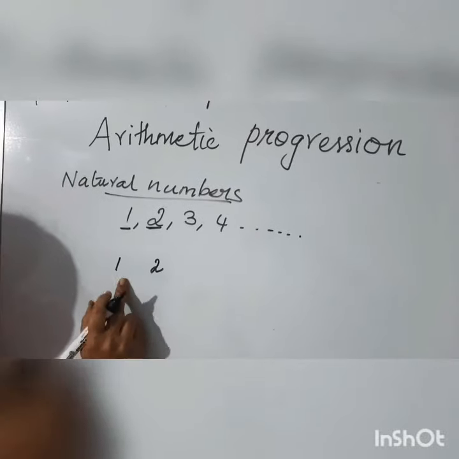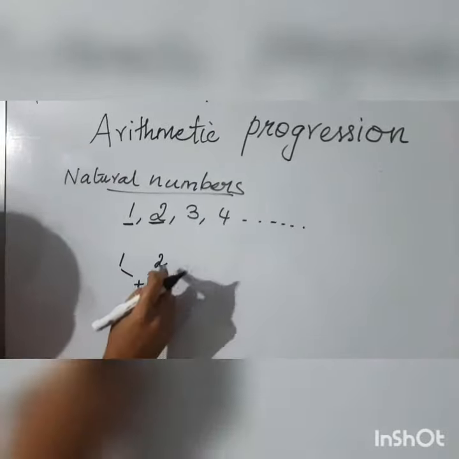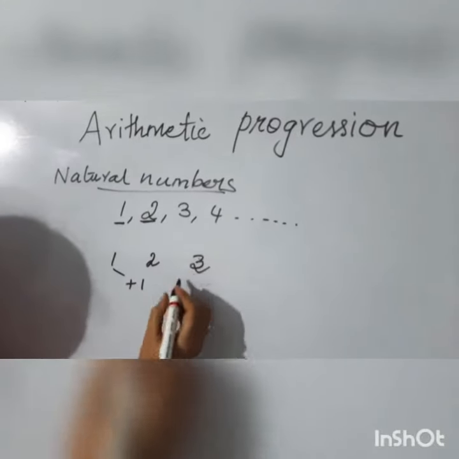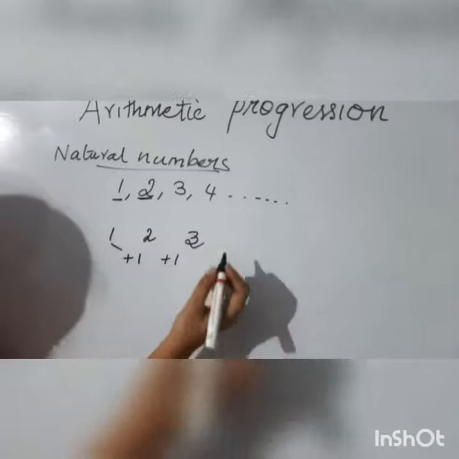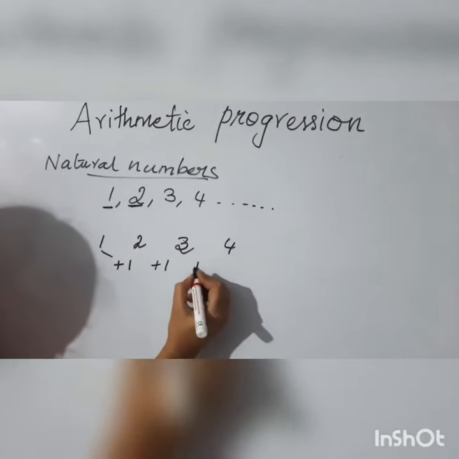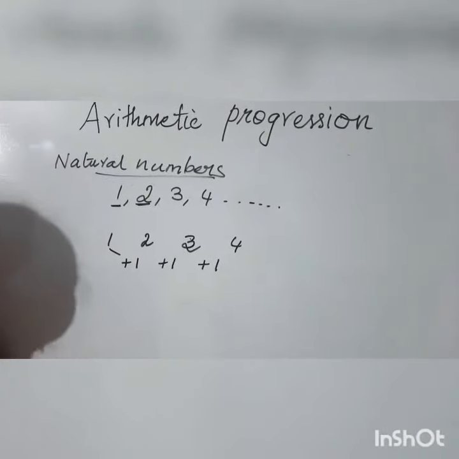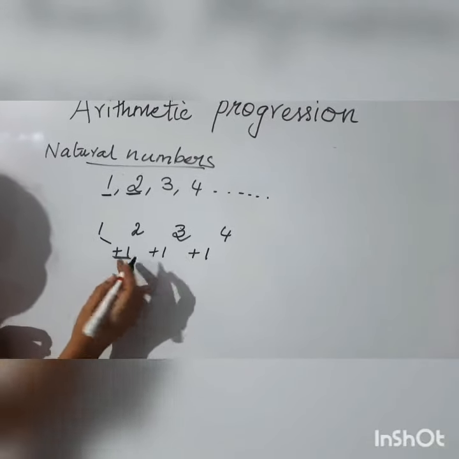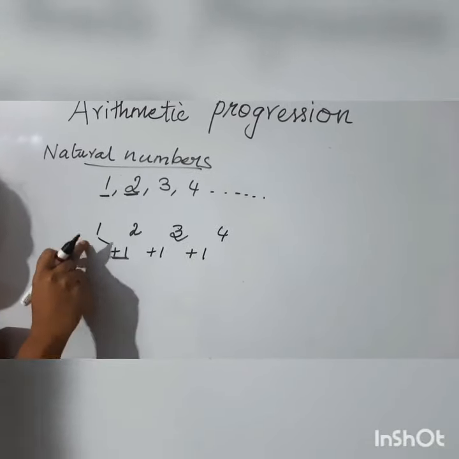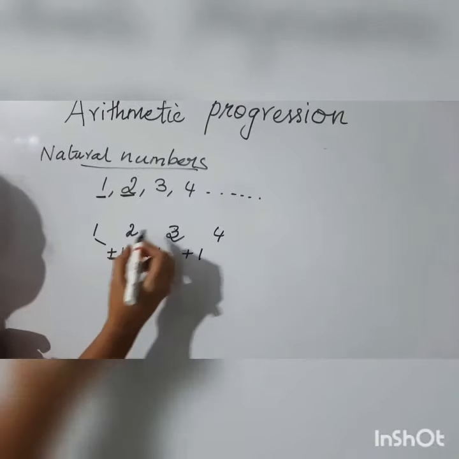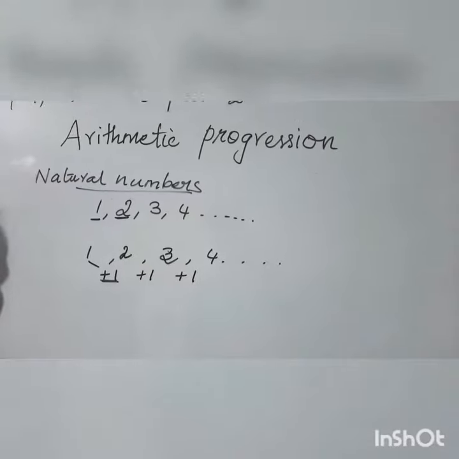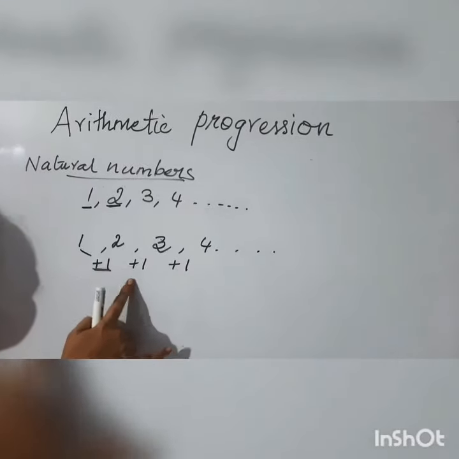To get 2 from 1, what will you be doing? You are going to add plus 1 and then only you will get 2. To get the third number 3, what are you going to do? Plus 1. To get the fourth number, what are you going to do? Plus 1. In a series of numbers, if the same number is added to the preceding number to get the next number, it is in arithmetic progression. So here it is in arithmetic progression.